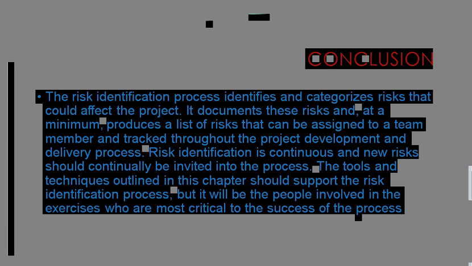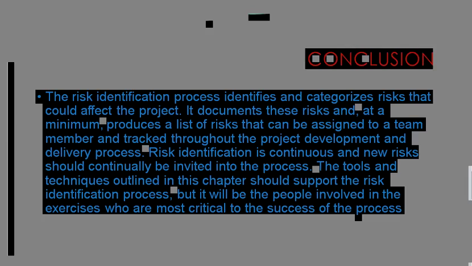Here's the conclusion. The risk identification process identifies and categorizes risks that could affect the project. It documents these risks and at minimum produces a list of risks that can be assigned to a team member and tracked throughout the project development and delivery process.